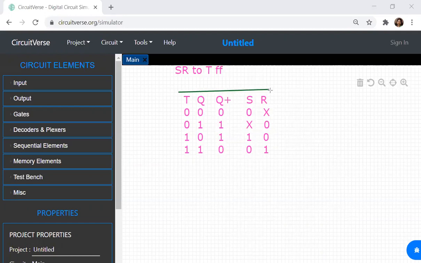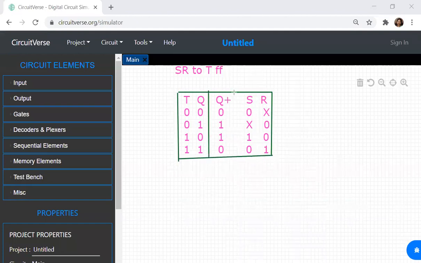Now we have to solve for S and R using a K-map. I'll solve only for S, or you can solve for R. So now we'll go for K-map solving. How many variables?